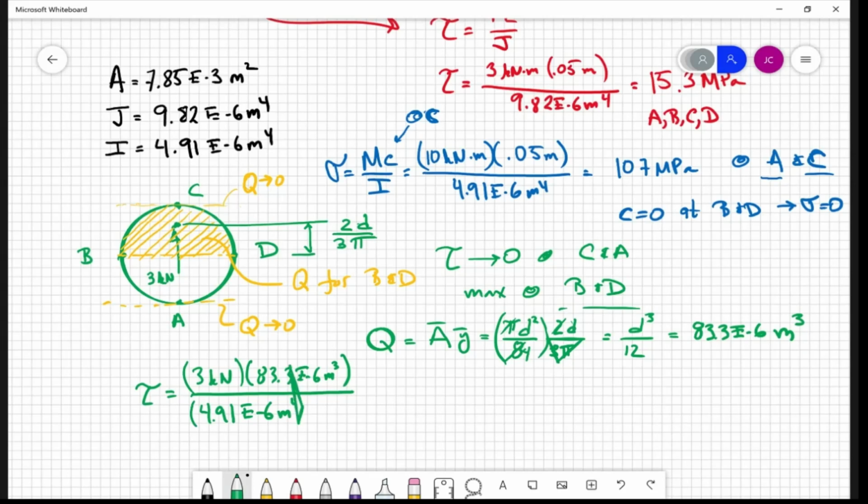And then times t. And t is going to be this thickness here, because that's the plane of interest. This is t, so it's the diameter, 0.1 meters. And that's going to give me a shear stress. These are usually very low.